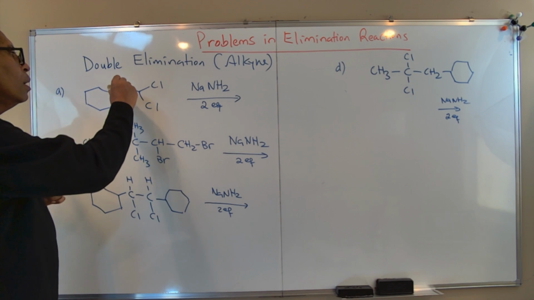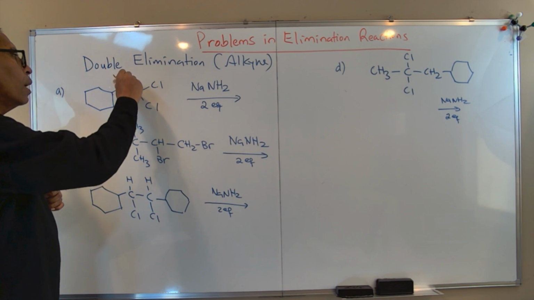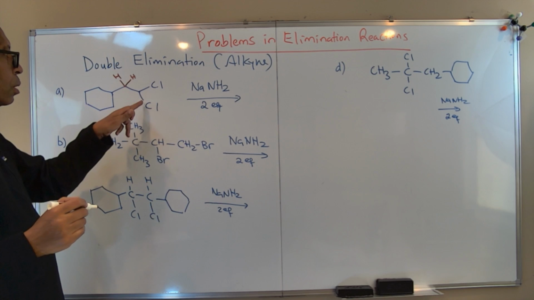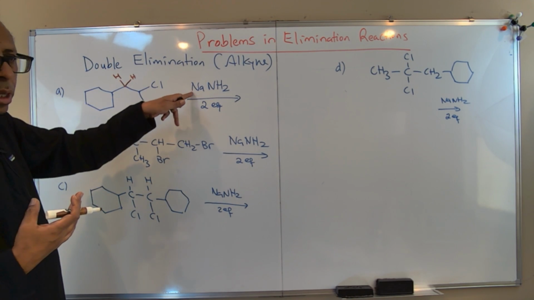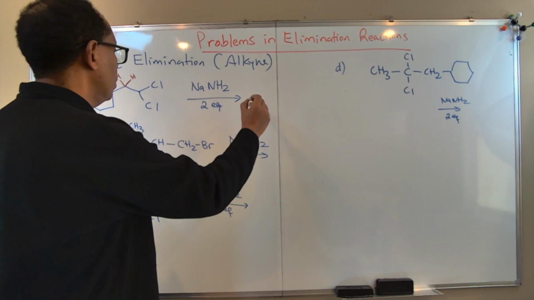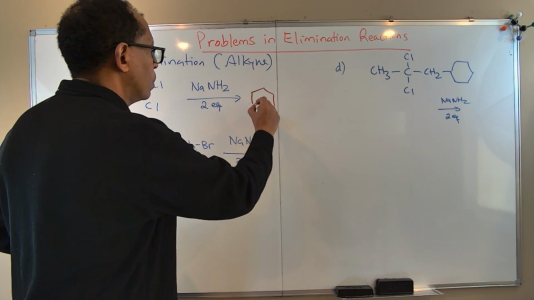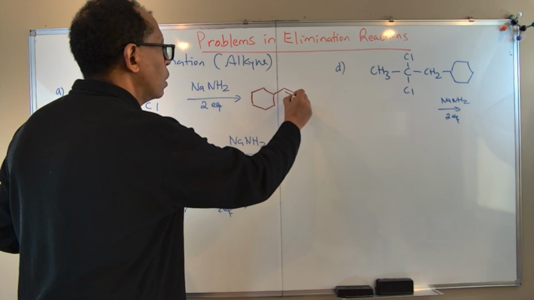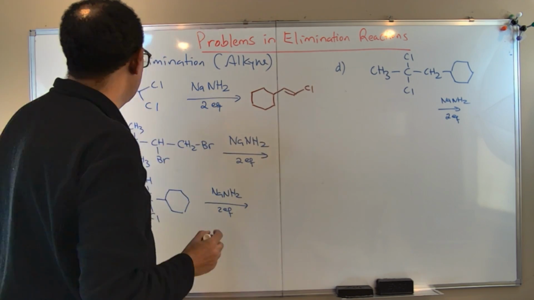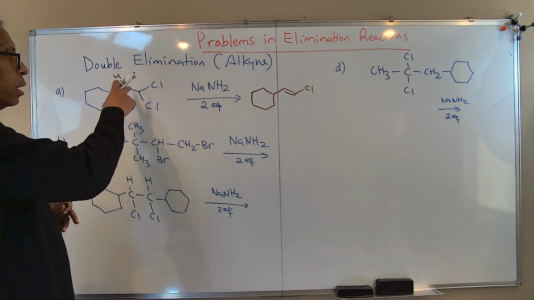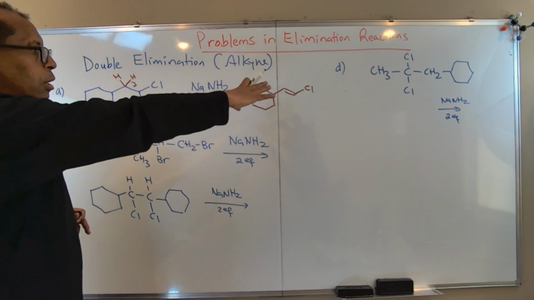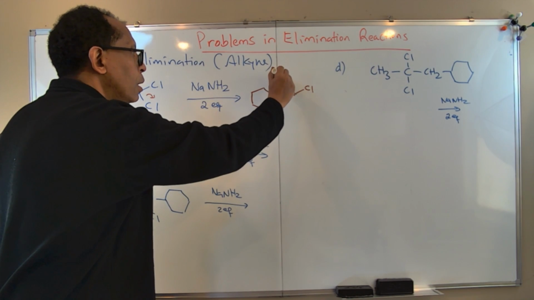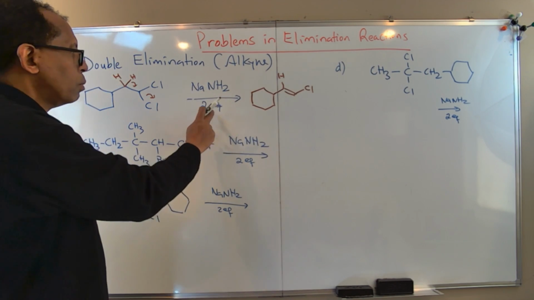So you have hydrogen here, and you have two chlorines on this carbon. So the first elimination, the first one equivalent, gives you this product. One HCl is eliminated, a double bond forms, this leaves, and you have another hydrogen, and you have a very strong base which is two equivalent.